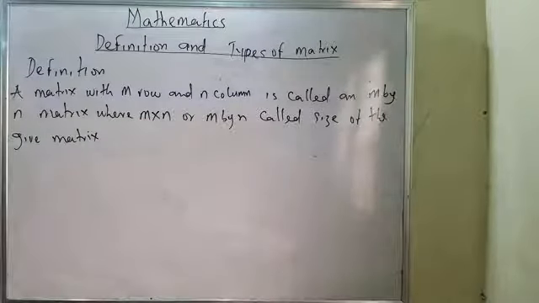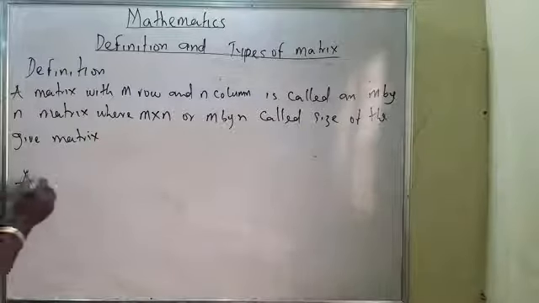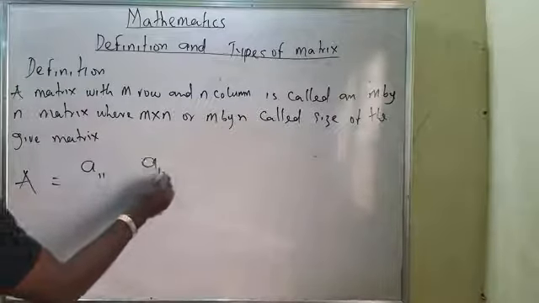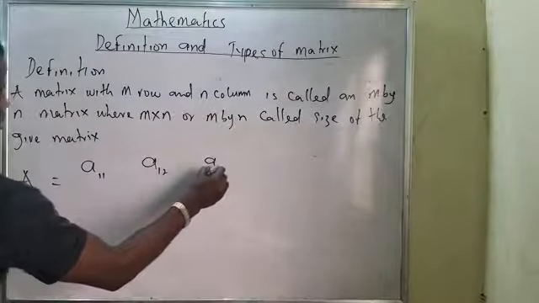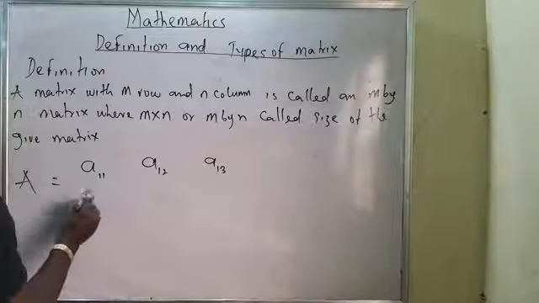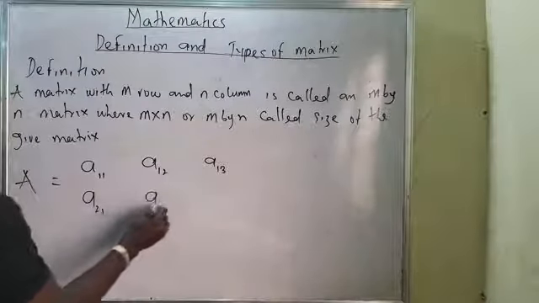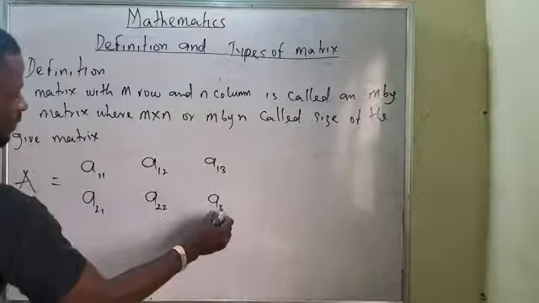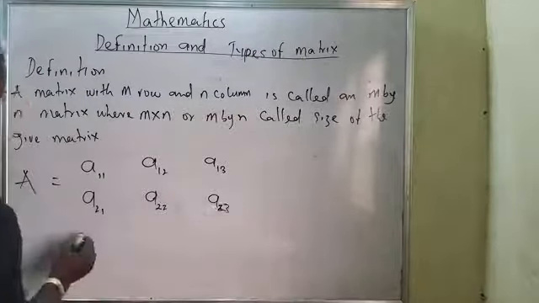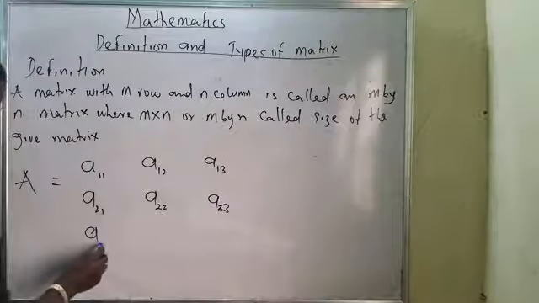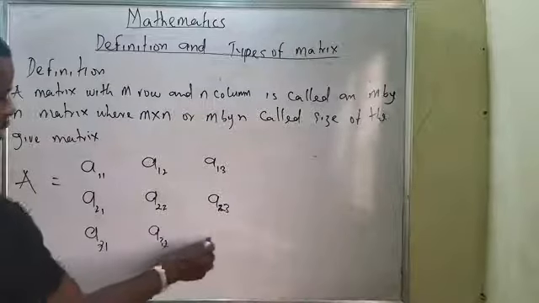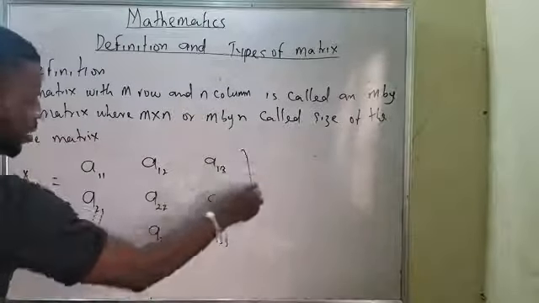For your information, if I have this matrix, before I go deeper, I have A11, A12, A13, A21, A22, A23, A31, A32, A33. Can you see this matrix?